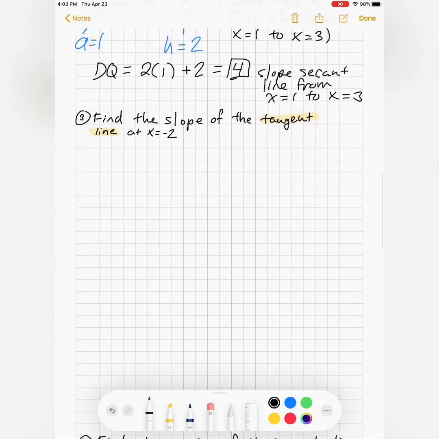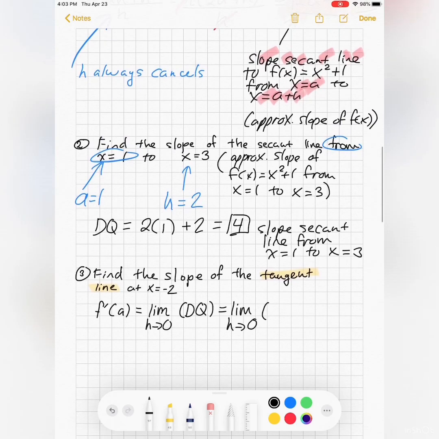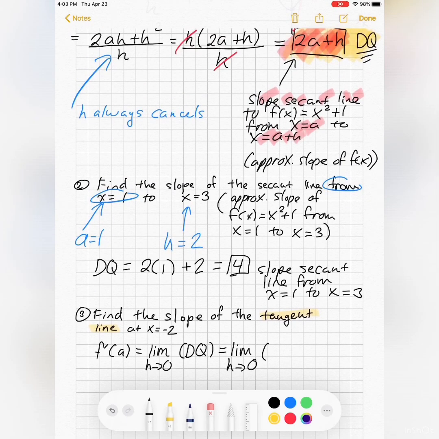The good news is, the limit definition of the derivative is just the limit as h goes to 0 of the difference quotient. So for this function, I already found the difference quotient. Where is that? It's right here. So I already know that information.